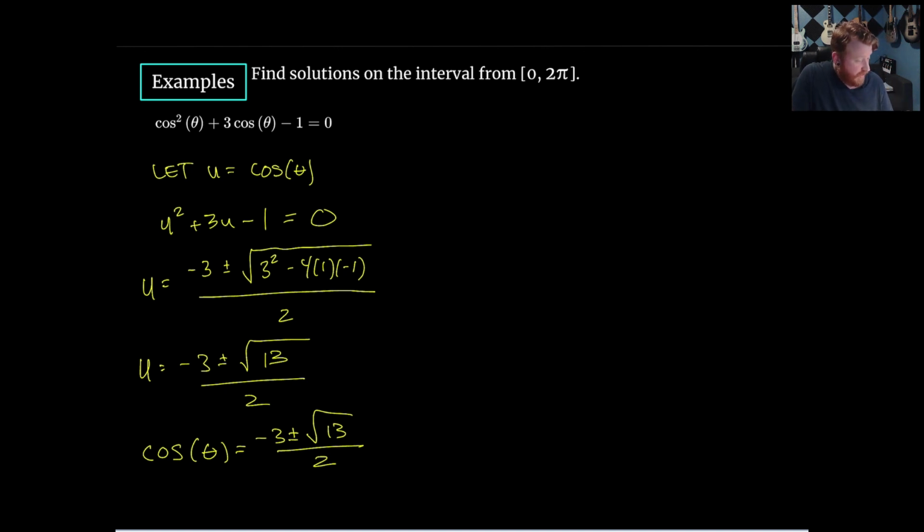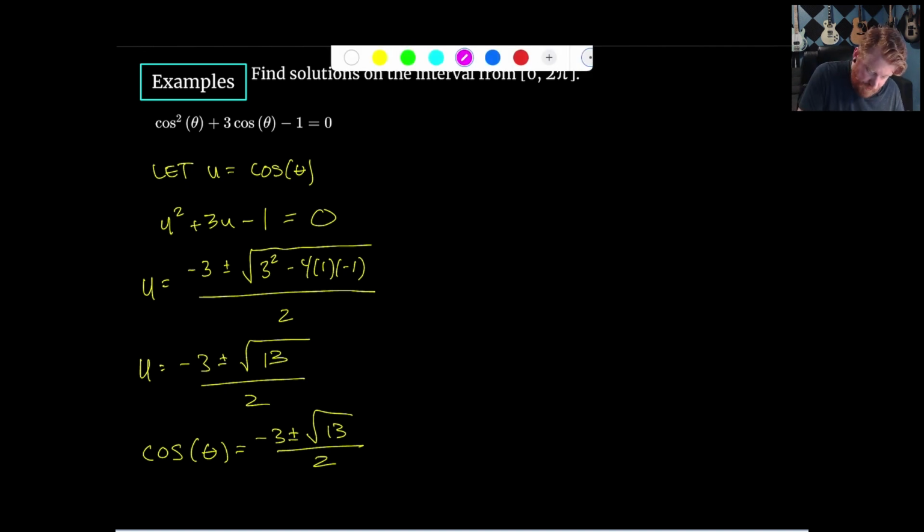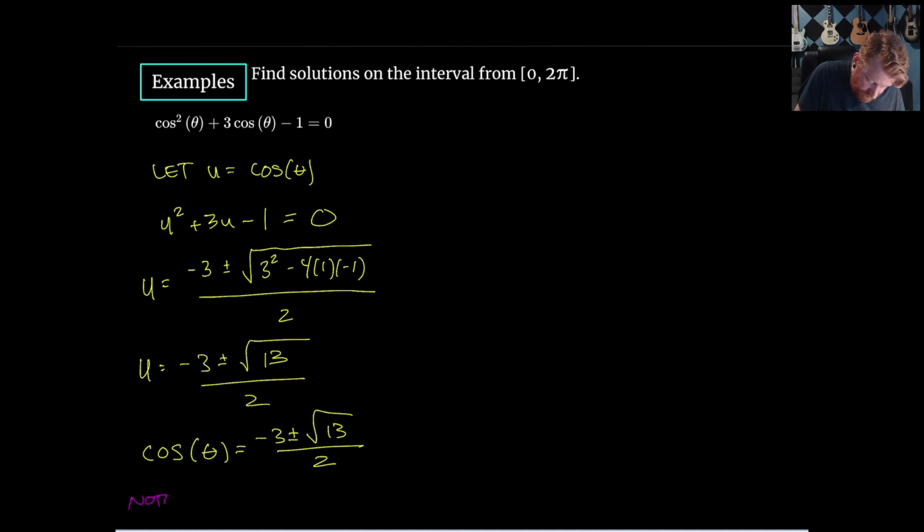And now let me make a note here. I'll do this in pink. I'll say note that -3 minus the square root of 13 over 2 is not in the interval from -1 to 1.